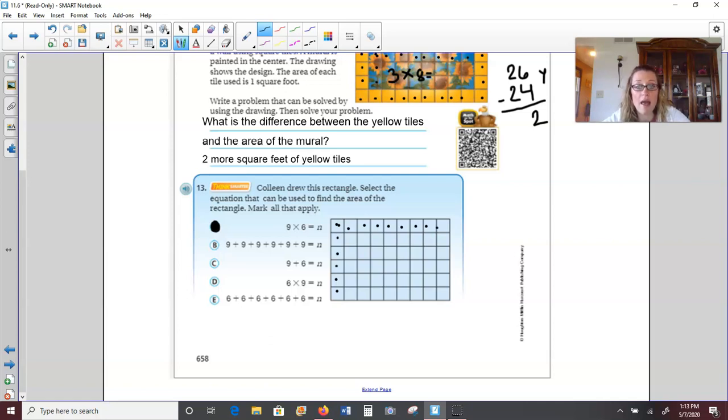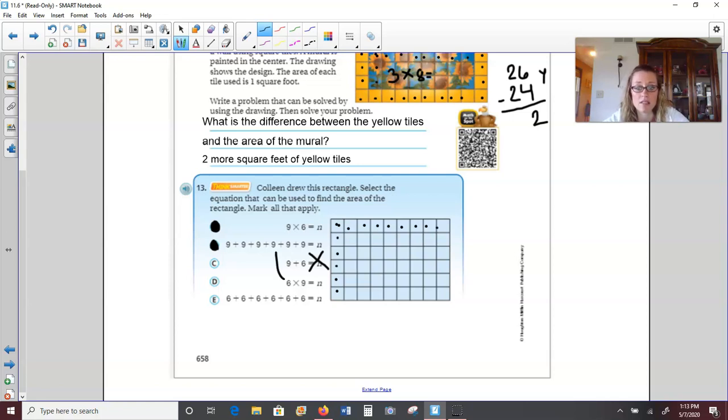Could she add up 9 6 times? And the answer is yes, because there are 6 rows of 9, so that would be 9 6 times. Could she add 9 plus 6? No, 9 plus 6 is 15, and hopefully you can see there's definitely more than 15 tiles. All right, how about 6 times 9?